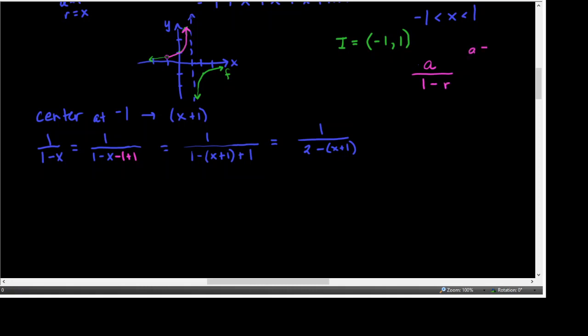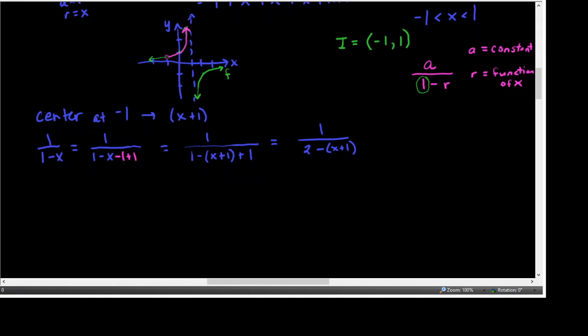So a is a number, a constant, and r ends up being a function of x. Like in this problem, we wanted x plus 1. That's what we're hoping for, to be able to use this geometric series to rewrite this one as a power series. So you might notice really quickly that this right here has to be positive 1.